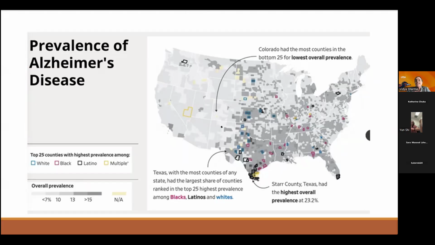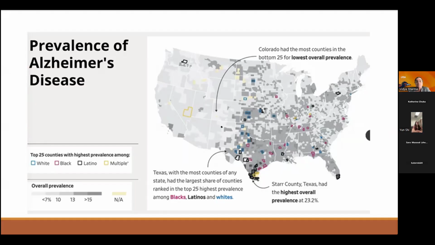Wherever you see light gray, that indicates prevalence less than 7%, and where you see the dark gray colors on the map, that indicates prevalence of over 15%. Something very interesting and alarming is that Texas stands out with the most counties in the top 25 for Alzheimer's prevalence, and this is particularly more amongst the minority population.